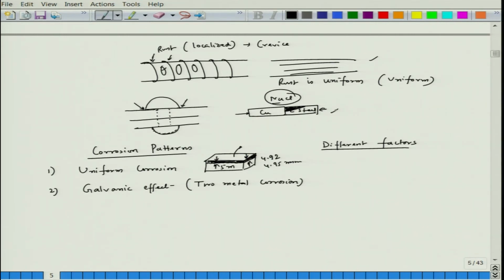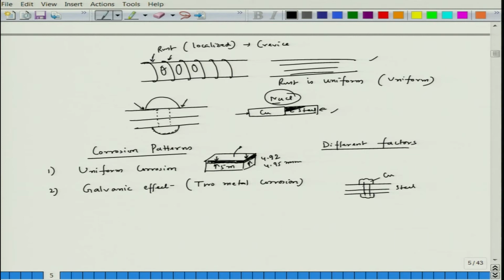For example, a classic example is copper and steel. Let us say two steel plates are fastened with a copper bolt. This is copper and this is steel.